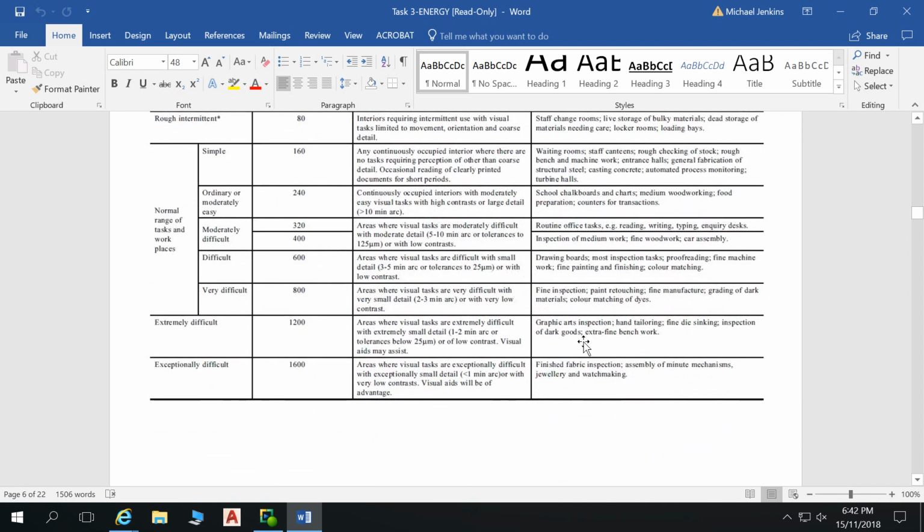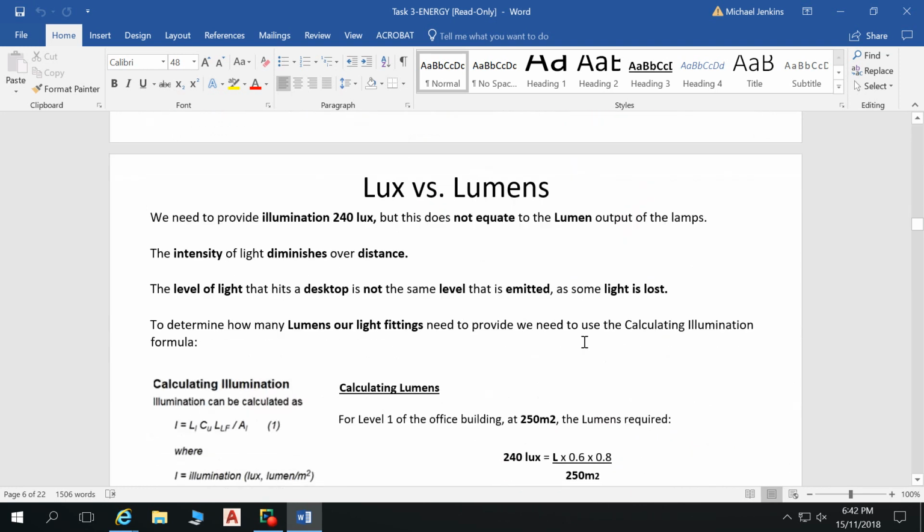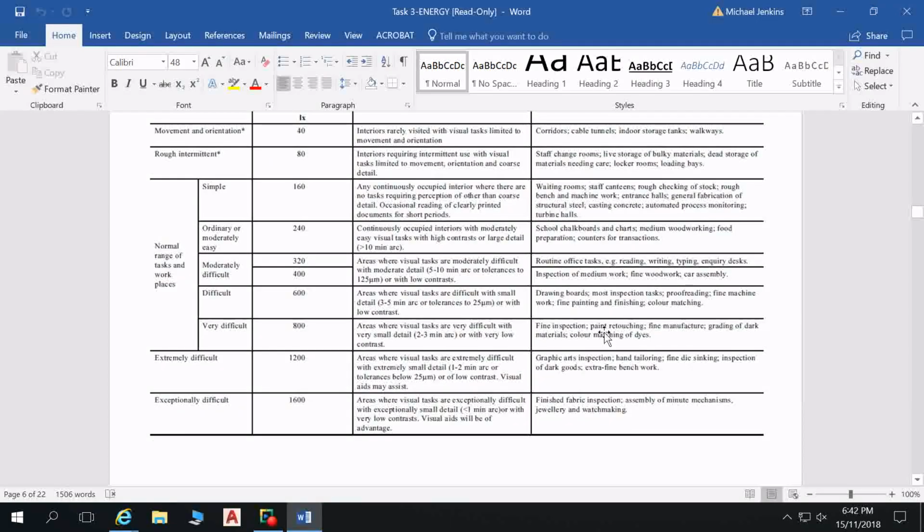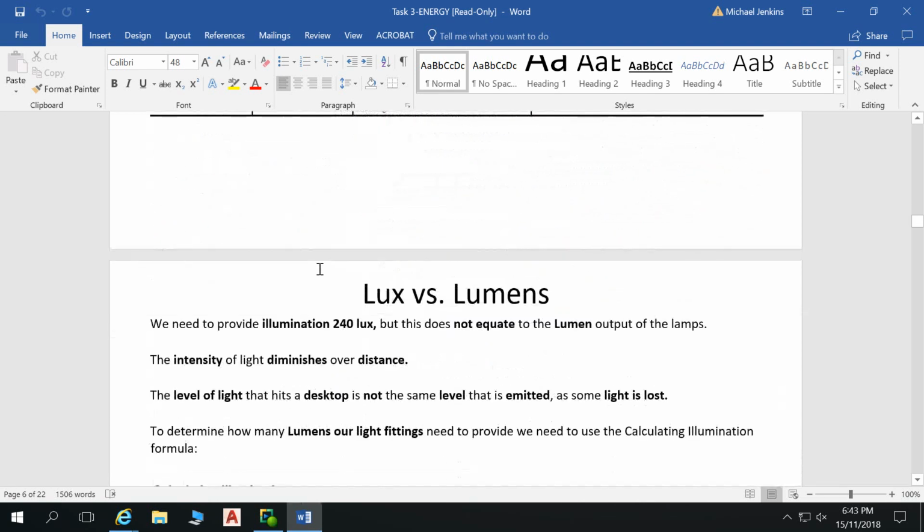So the example that we'll be working through tonight, for our equation for working out the lumens required in a certain room, is going to be based on this 240 lux. So this room in here. We're working out how many lights, or how many lumens, we would need for this room to illuminate our work surfaces that we're working on.